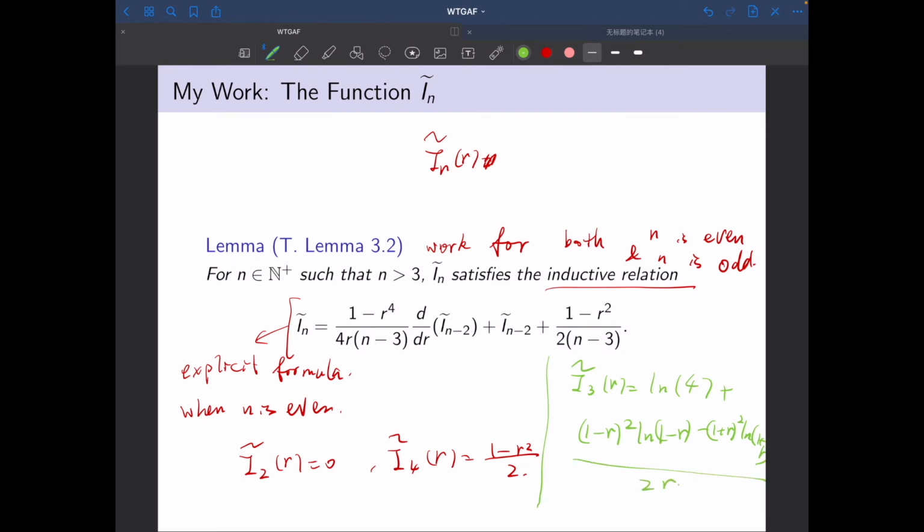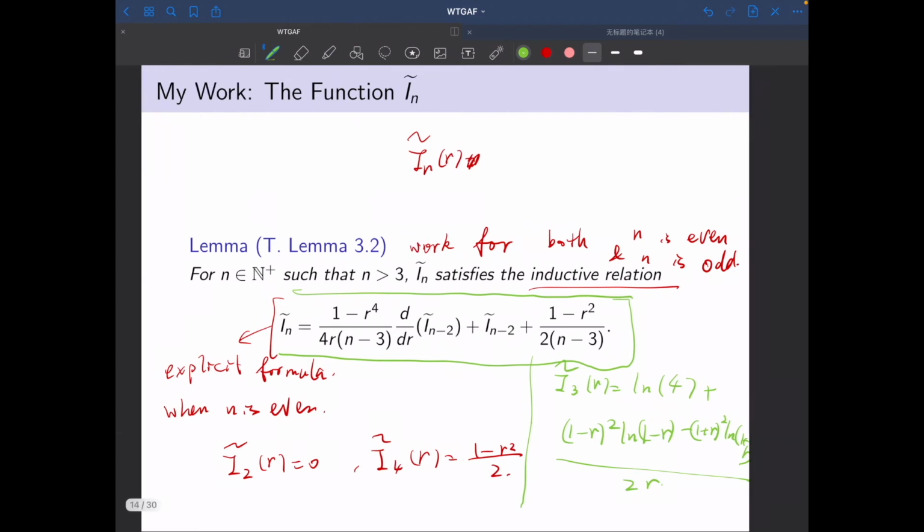So if you want to know the function in any odd dimension, you can actually find it, but I don't have a general formula for it. But in the case when n is odd, I can actually just use this inductive relation to obtain a lot of useful information about the function I_n tilde.